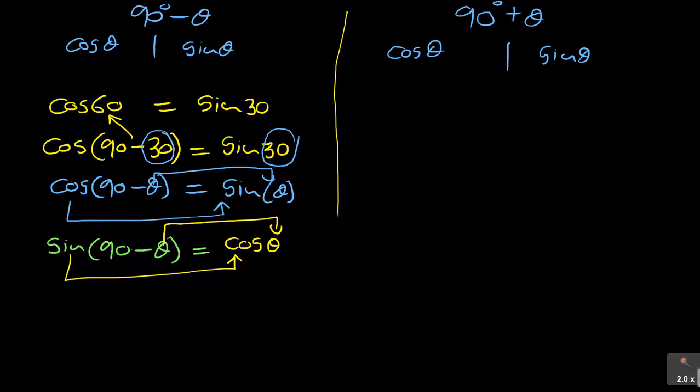If I give you, for example, cos 15 as a cofunction, you're going to say cos 15 is equal to, actually, before sine, cos 90 minus, you ask yourself which number must I subtract from 90 for me to get 15.